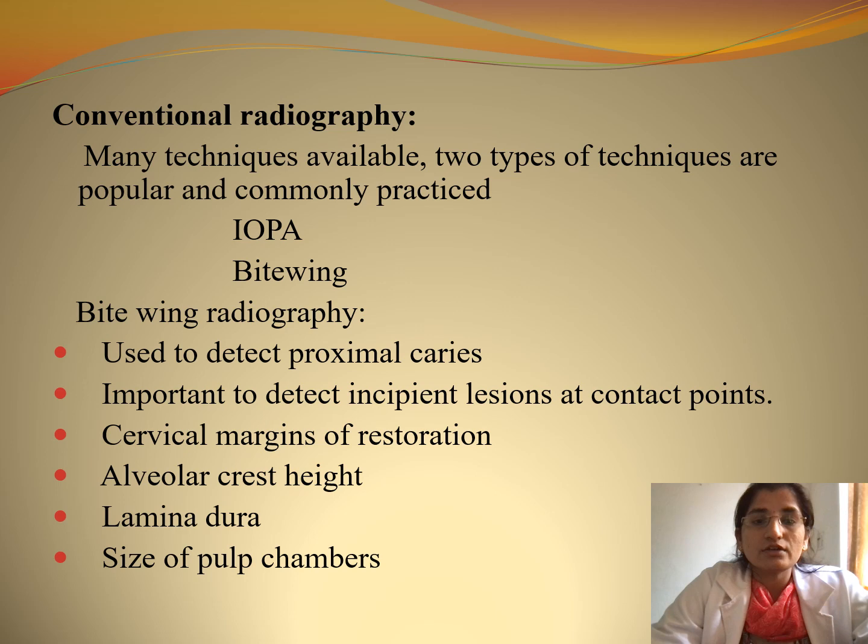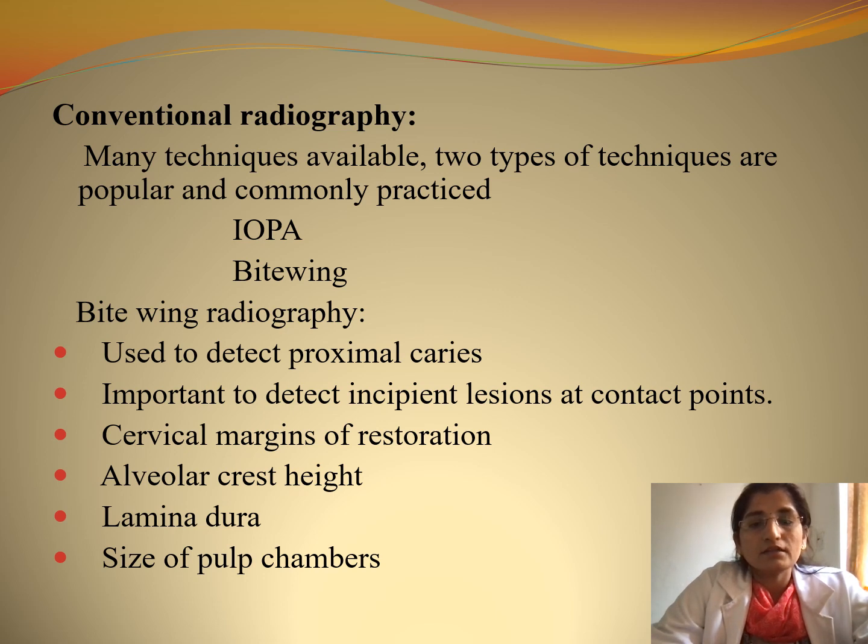Then coming to conventional radiography, we have IOPA and bite wing X-rays. Bite wing radiographs are used in detecting proximal caries, and if any proximal caries is not seen in the IOPA, we can always advise a bite wing.